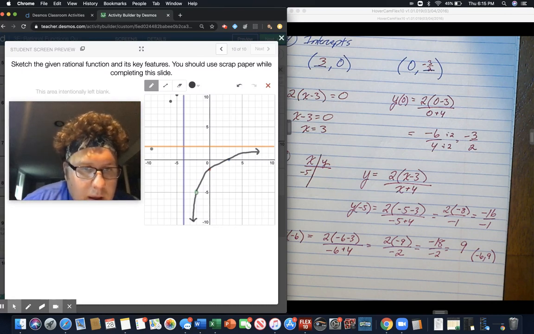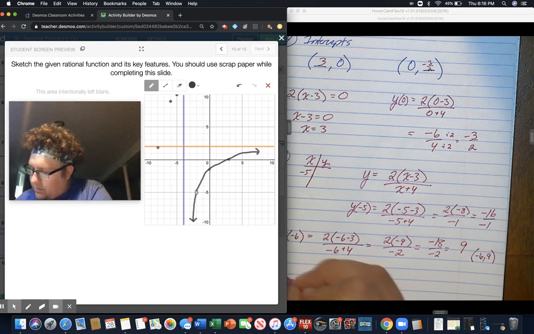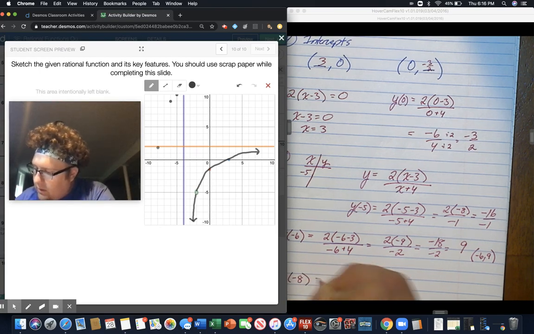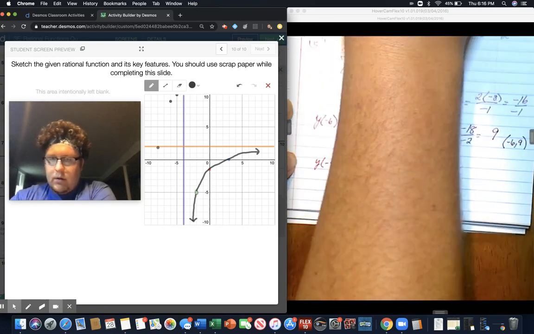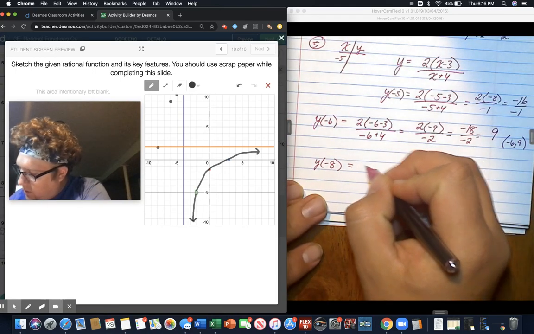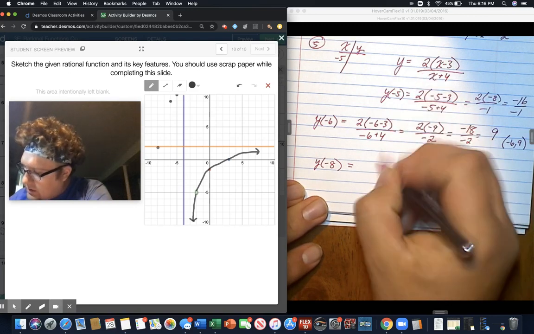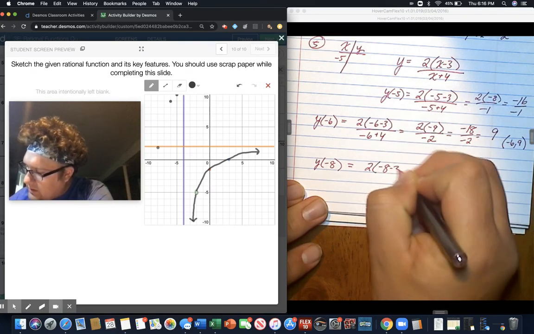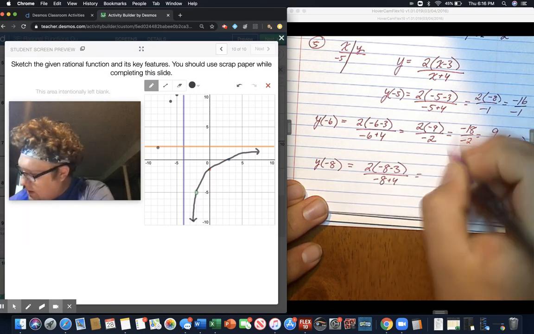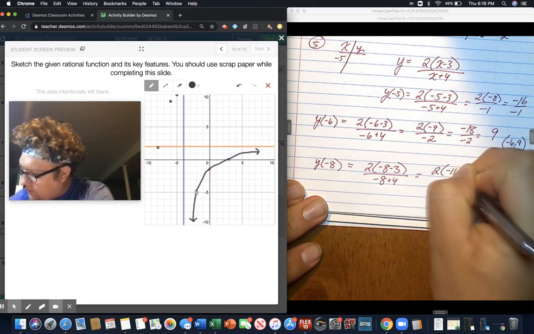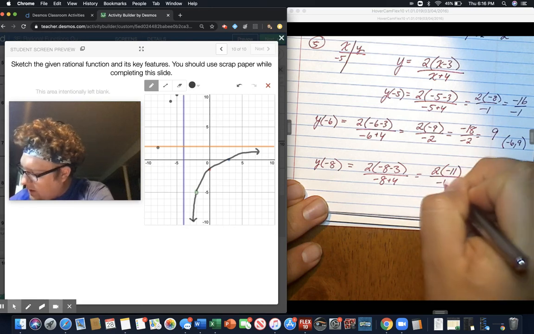So let's do, well, we already did -6. Let's try -8. We'll skip a little bit. So I'll substitute -8 in there. All right. We have 2 times -8 minus 3 over -8 plus 4. And I have 2 times -11 over -4.